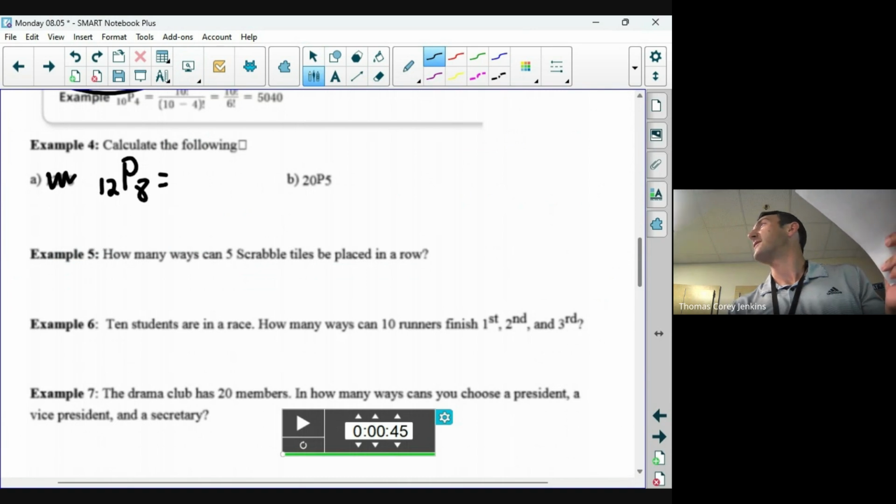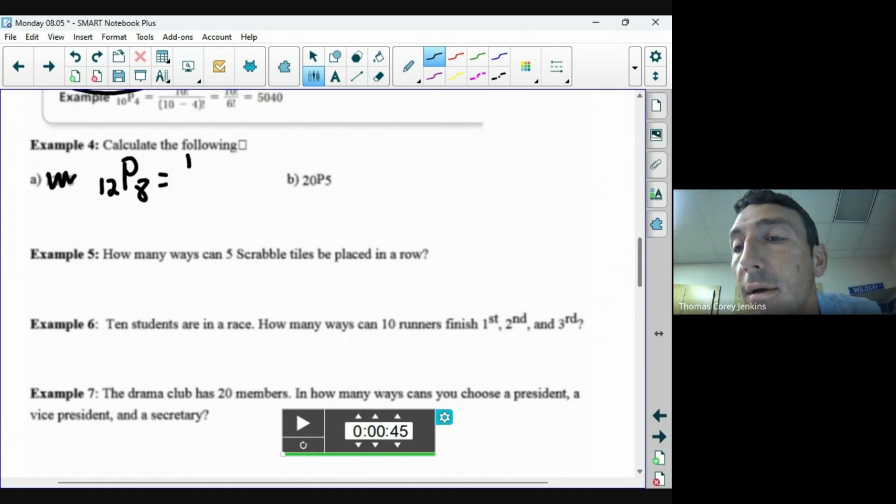Where'd I get 4 factorial? How can I get 4 from using 12 and 8? Anybody? Yeah. 12 minus 8, right? So 12 minus 8.